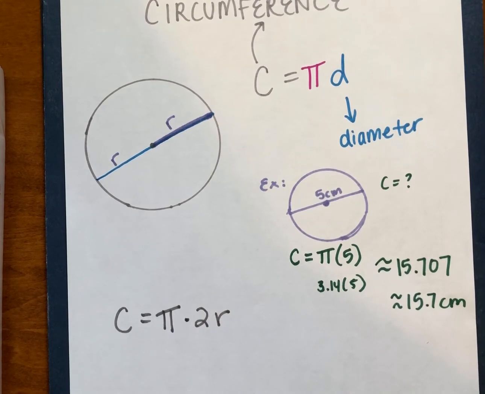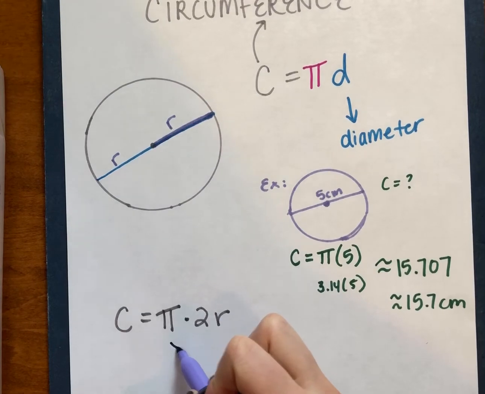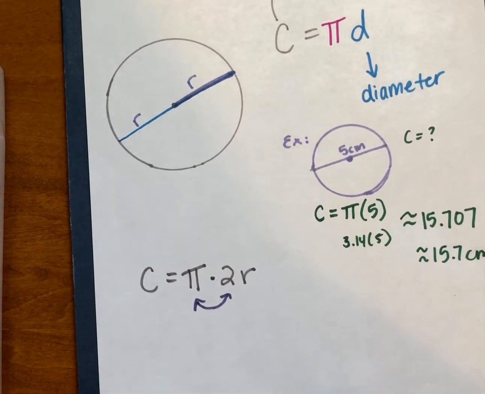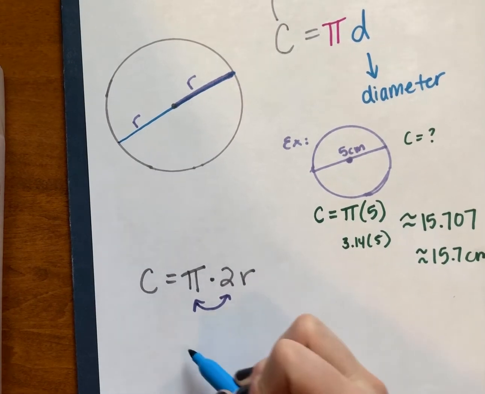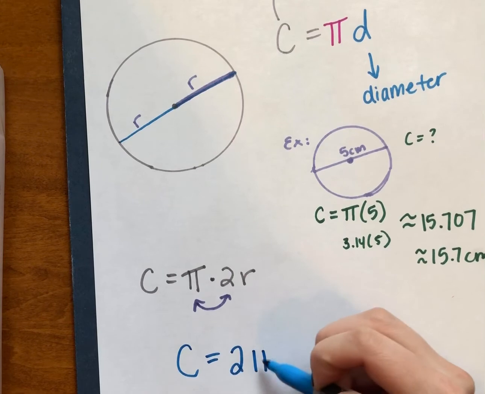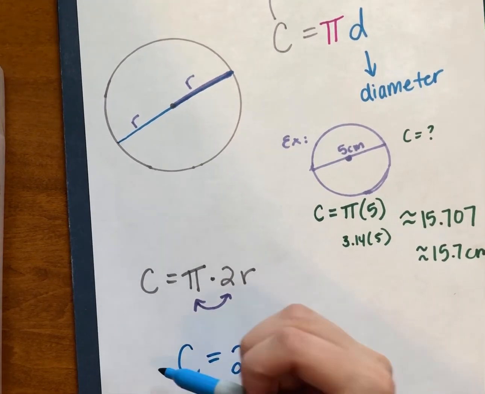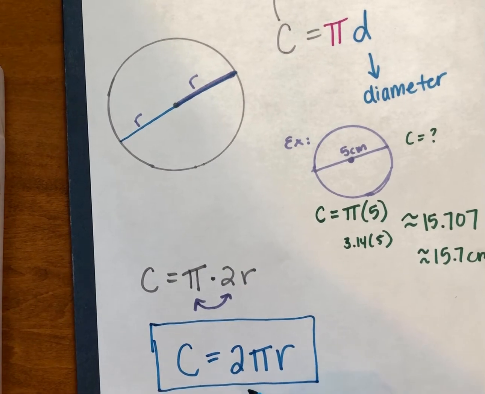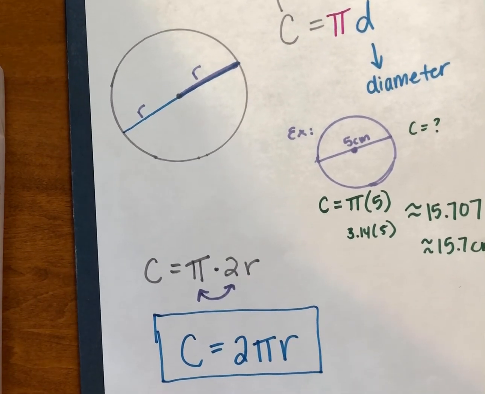And then because of the commutative property and because people like to see our numbers written first, they switch around the 2 and the pi and come up with this formula. This is the one I want you to remember. Circumference equals 2 pi r, where r is our radius, pi is pi, 2 is 2, and C is our circumference.